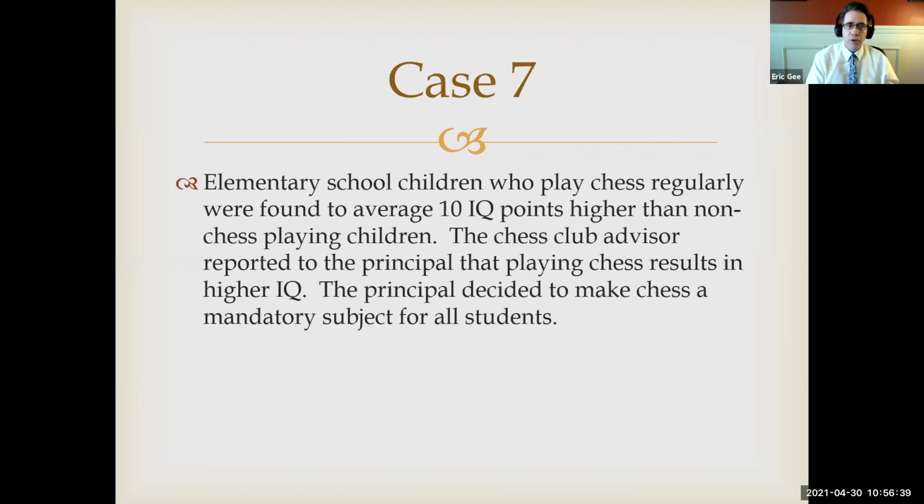And the principal was saying, okay, what's happening here is playing chess causes high IQs, but there's no control group, right? There's just simply the one group. And so it could be that those kids who play chess are already very bright, maybe. And that's why they look so bright, but it has nothing to do with playing chess. It has everything to do with the qualities they already had before they ever played chess. So that's what makes it a selection issue.